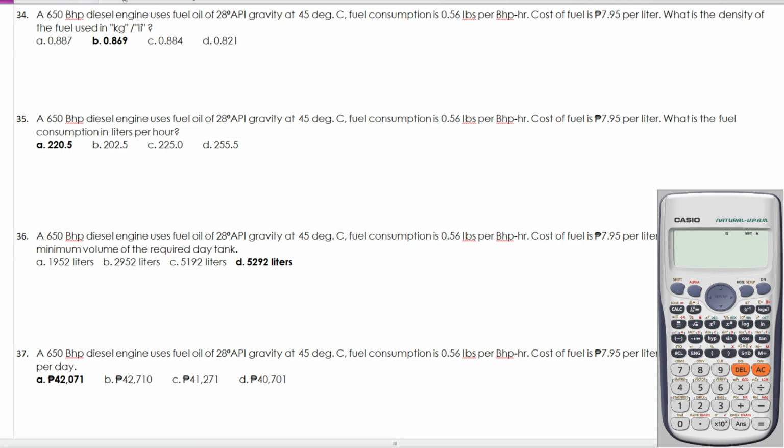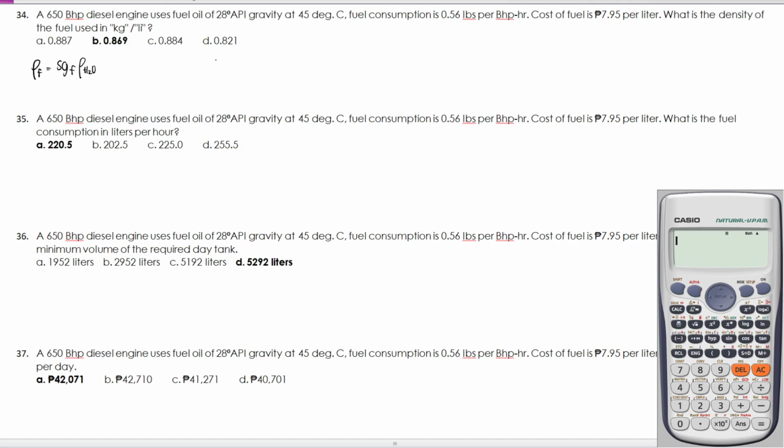So ito ay parang kasama lang din ng sa topic ng fuels and combustion. Alright? So dito ang hinahanap ay density ng fuel. So we all know na makukuha natin yung density ng fuel based on its specific gravity. So i-multiply lang natin yan dun sa density ng water at the same temperature dun sa fuel na ginamit dito sa problem nito.